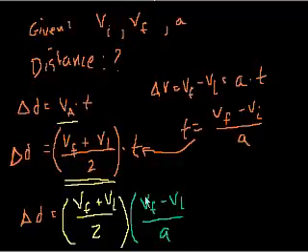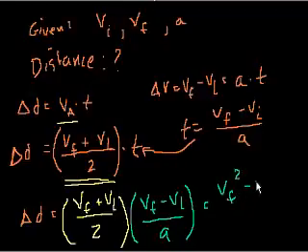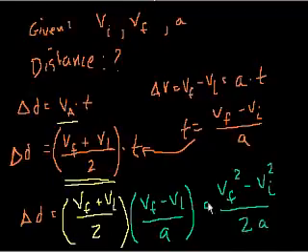I like this green. I don't know why I never use it. And then if we do a little multiplying of expressions on the top, you might recognize this. This would be Vf squared minus Vi squared. And then you multiply the denominators, over 2a. So the change in distance is equal to Vf squared minus Vi squared over 2a.